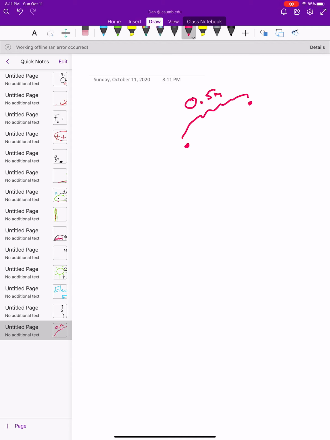And I'll say that this distance here is 0.4 meters, and this distance here is 0.3 meters. So we have all our distances accounted for. I'll do it like this so you can see it better. Separately.